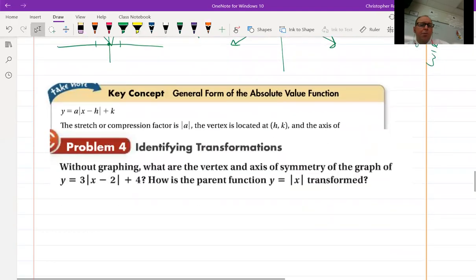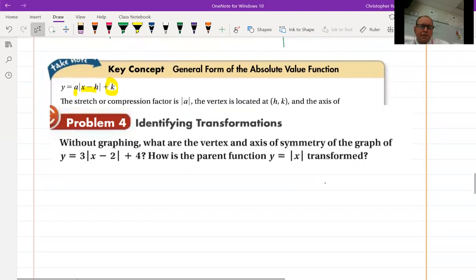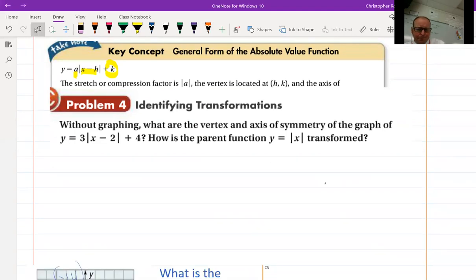Okay. So finally we can put it all together. So we know we're working left and right, up and down, and then also the A value. And that could do a couple different things for us. So without graphing it, don't graph it. What's the vertex and the axis of symmetry? So let's first think about what happens. So for x minus 2, where is it going?